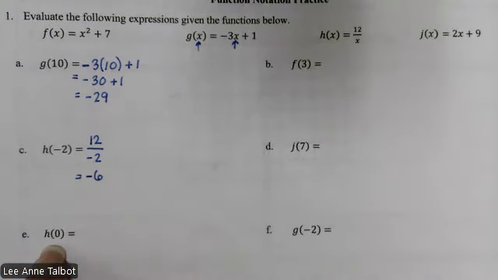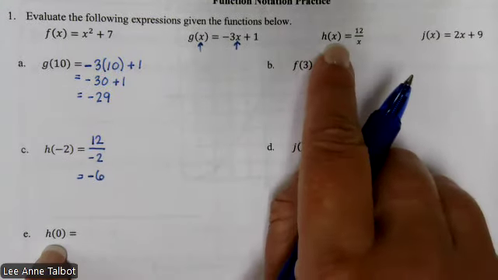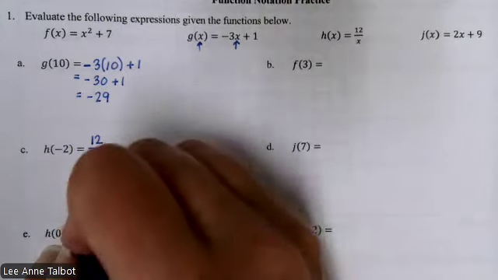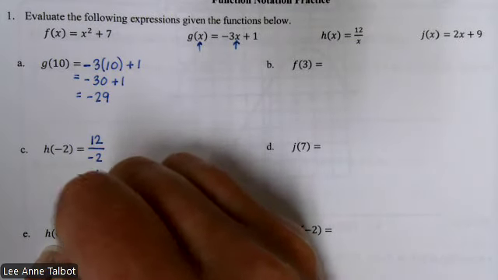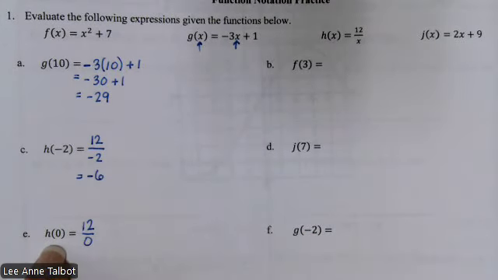Okay. E, H of 0. So I find H and I put 0 in. 12 divided by 0.